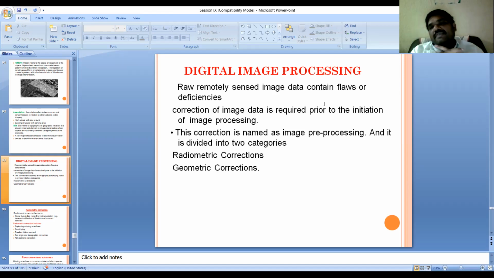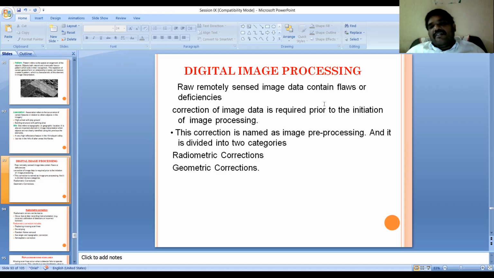In the pre-processing method, what we are doing, what are the different techniques that can be adopted to make these images fit for processing. Now, what is the pre-processing technology and why we are doing all these things, we will discuss now.